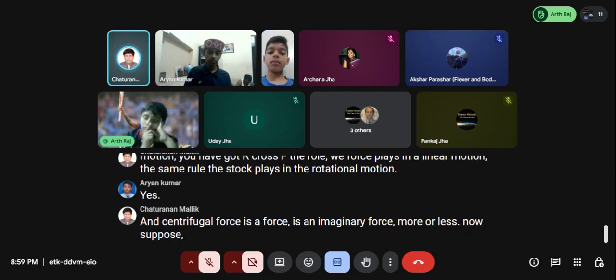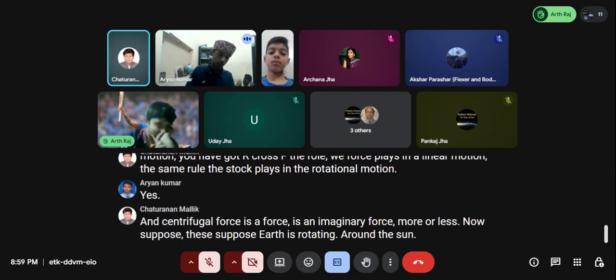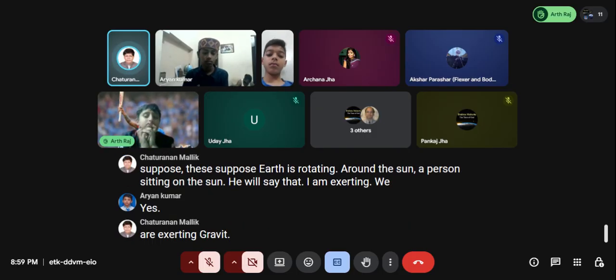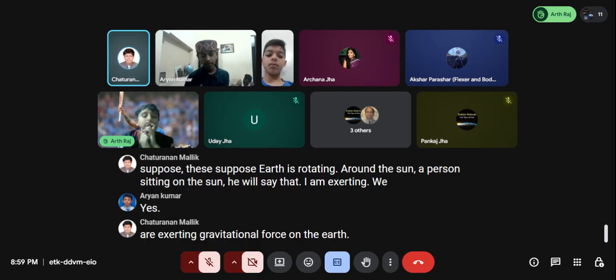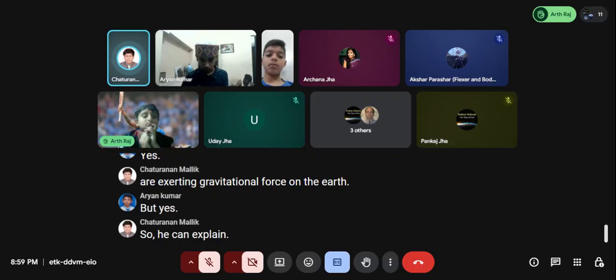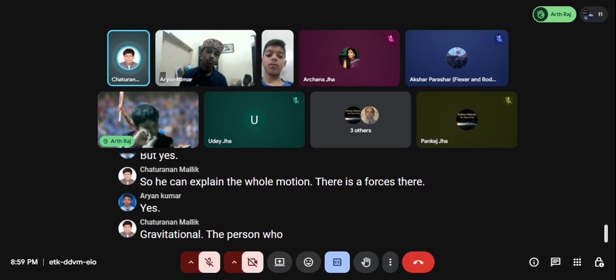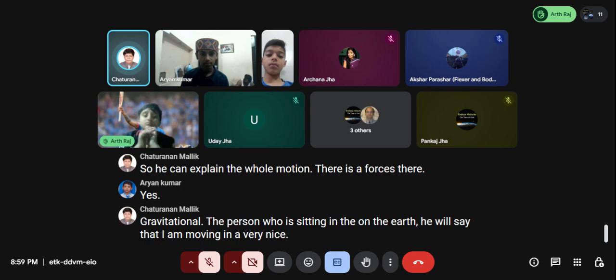Now, suppose Earth is rotating around the sun. A person sitting on the sun will say that we are exerting gravitational force on the Earth, and he can explain the whole motion. The person who is sitting on the earth will say that I am moving in a very nice way, I am not experiencing any force.